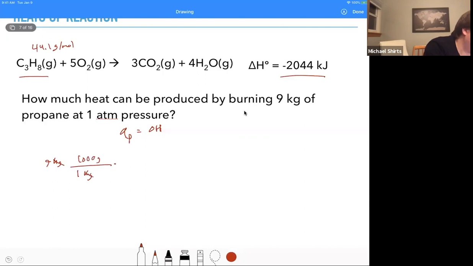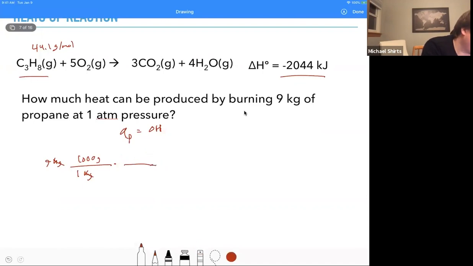And then we have minus 2044 kilojoules per 1 mole of propane burning. Let's get all our things right.